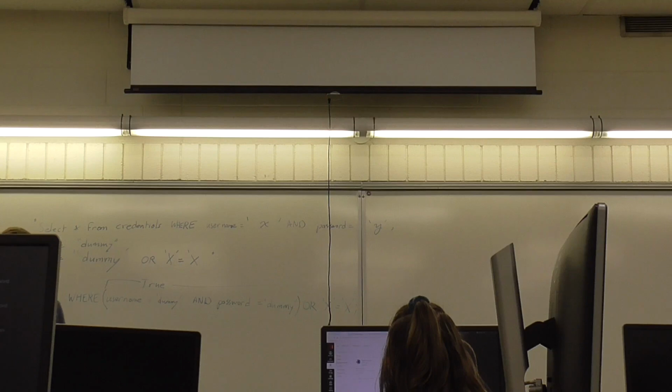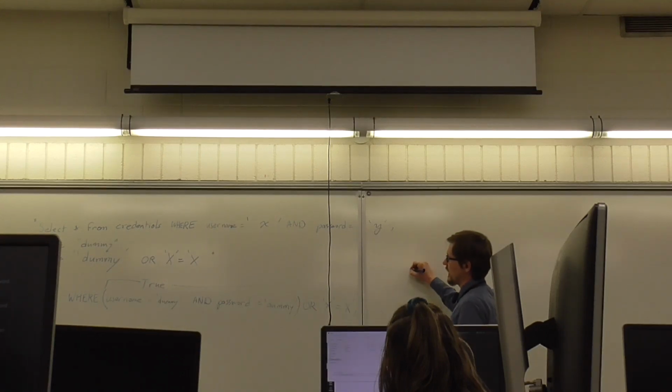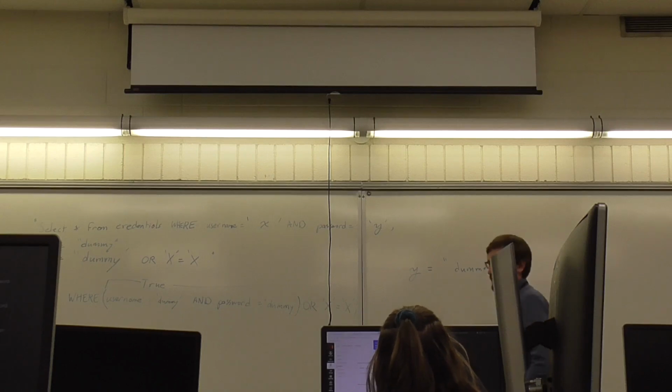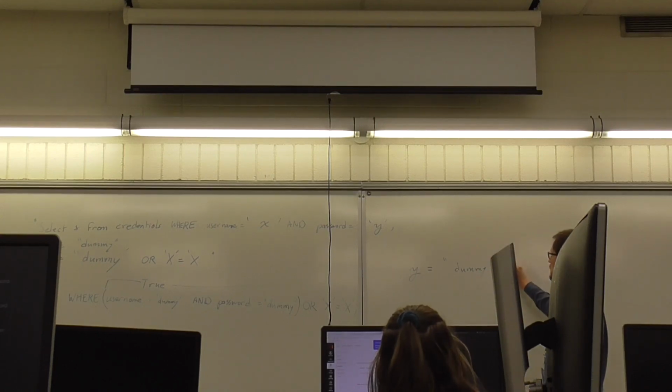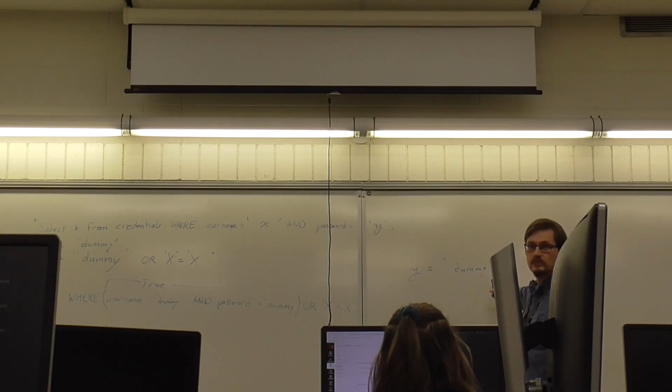Things can get nastier yet. An even nastier thing you can do. Let's say our y is equal to dummy and a single quote. I insert the semicolon, terminating the statement, right?